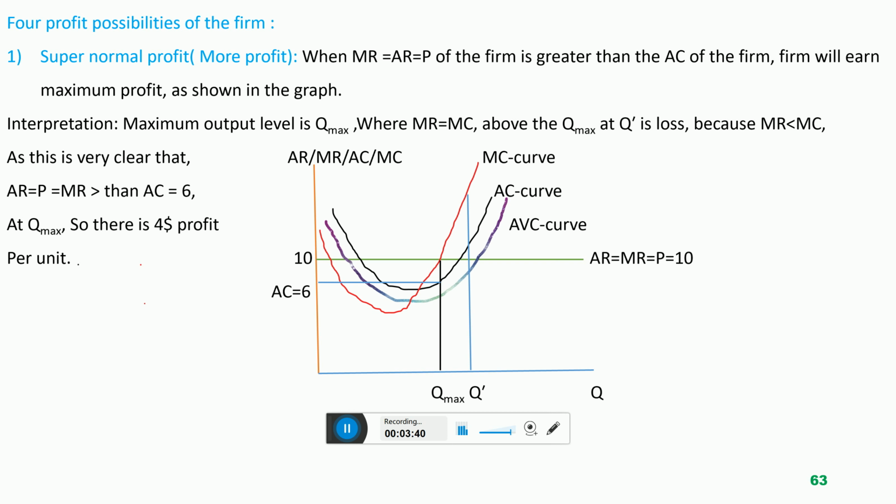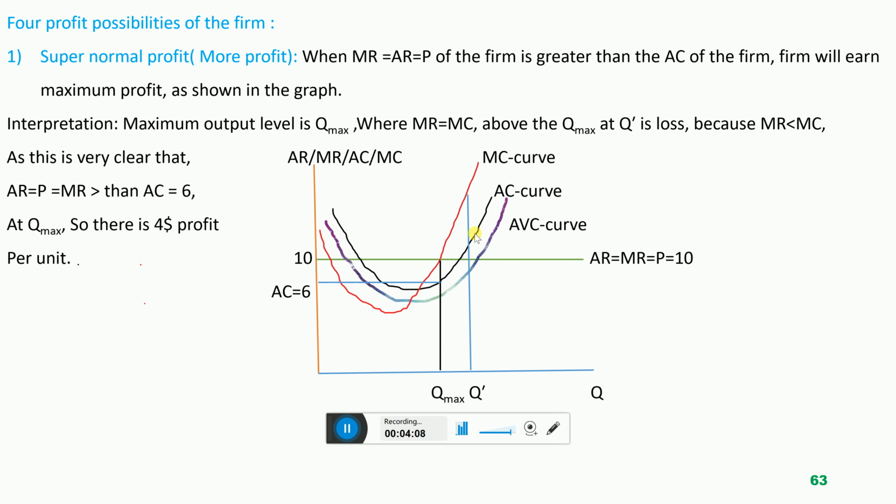So the supernormal profit condition is that average revenue or marginal revenue or price of the firm must be greater than average cost of the firm. The firm will earn maximum profit, and we will show this by graph. In this graph we have two types of short-run curves.